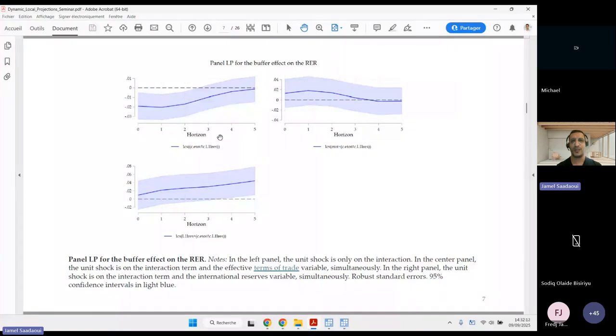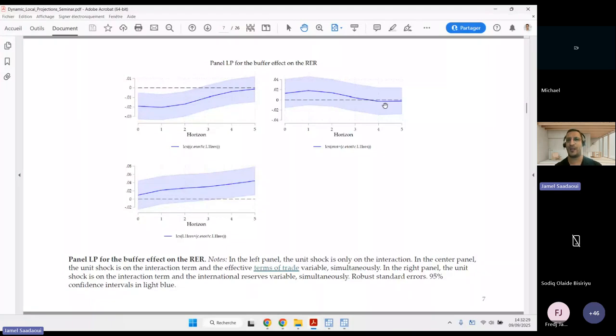This is something that you can see in the first upper left panel: we made the shock on the interaction term. And what you can see is that at horizon 0 it is the same as the first equation that I showed you. The coefficient is minus 0.02.